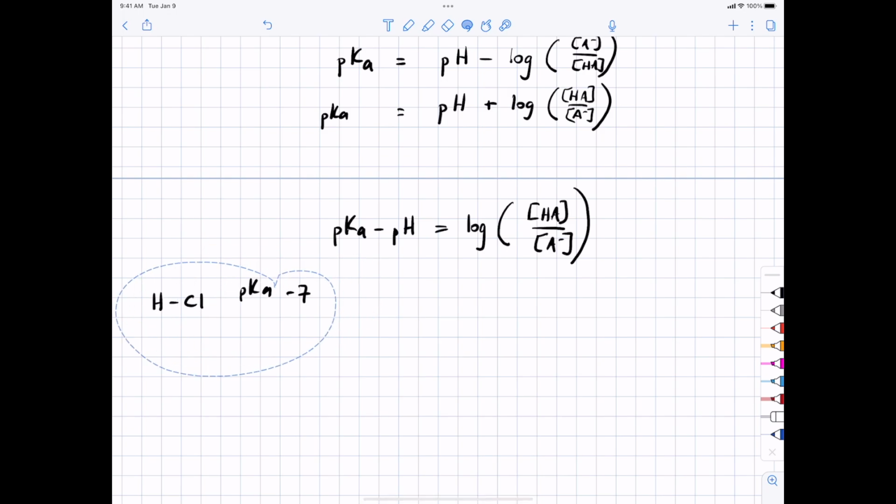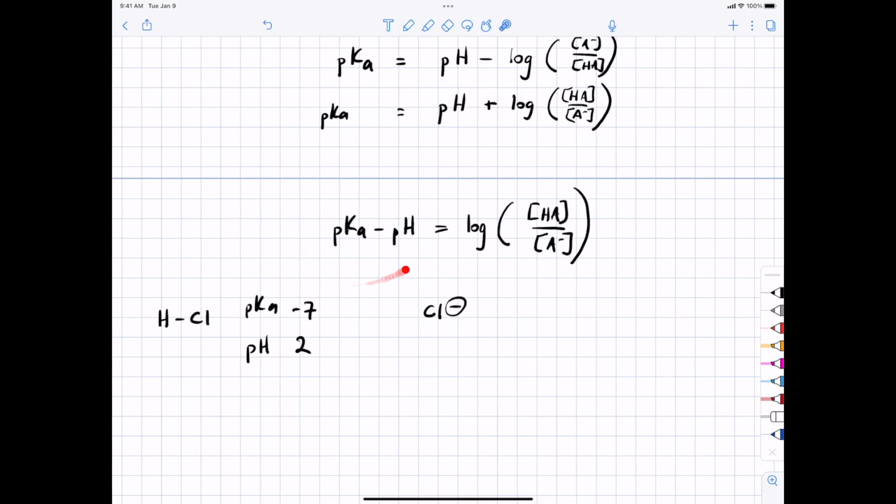Okay, and let's suppose we're in water at a pH of 2. So pH is greater than pKa. This number is negative, so which form dominates? Acid form, HCl, or Cl minus?